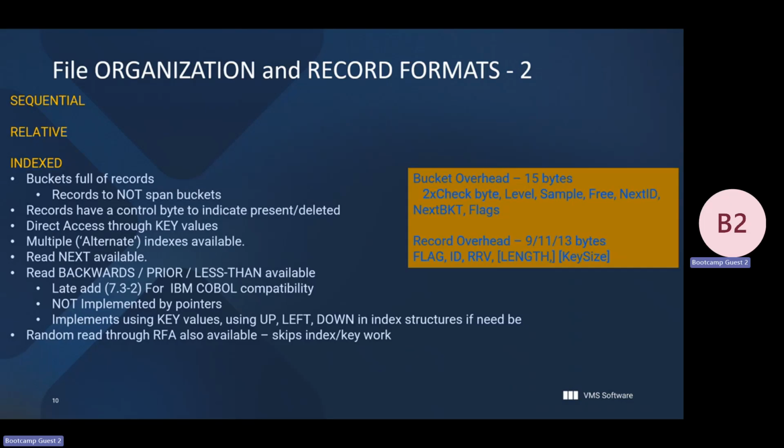Random reads through RFA are also available, but in index file cases, those random reads by RFA are very critical because they direct you directly to the data. You skip all the index stuff and the pointers and the key values. So if you know you're going to come back, that's where you can save a lot of work.